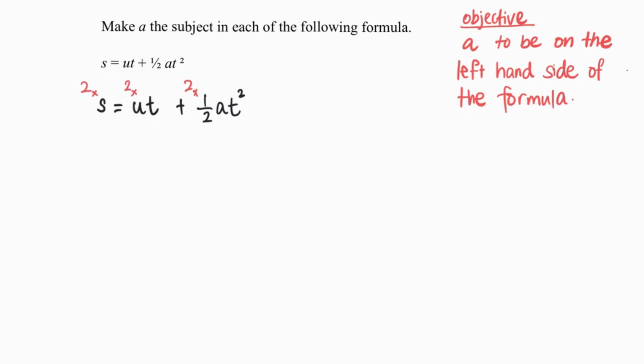I do not have any denominator, I do not have any fraction anymore. So the next step, this is how it looks eventually: 2s equals 2ut plus at squared.